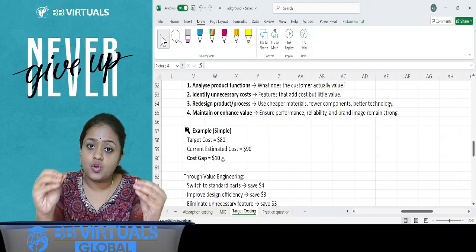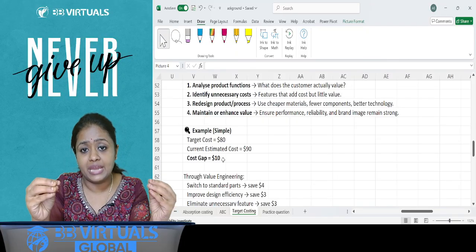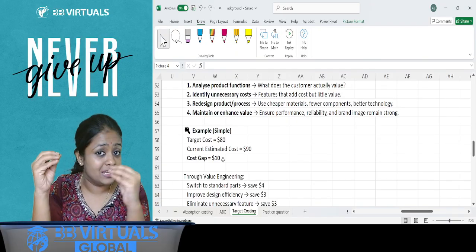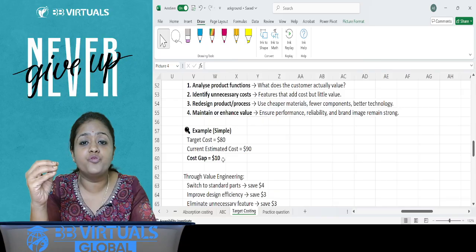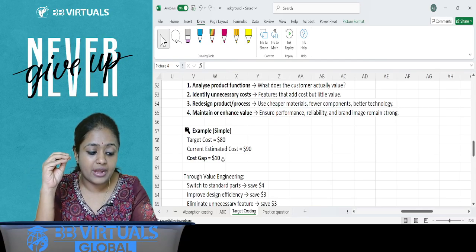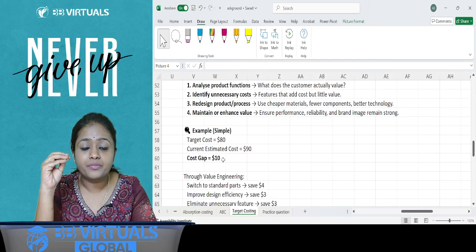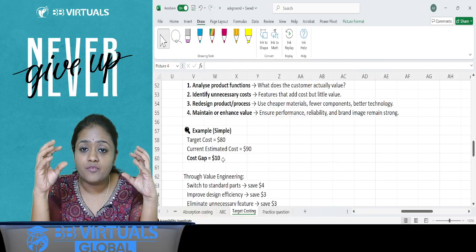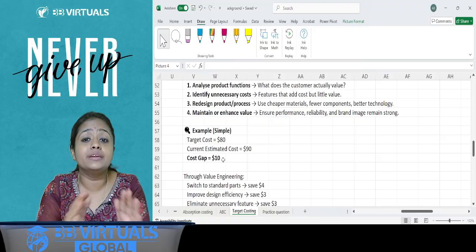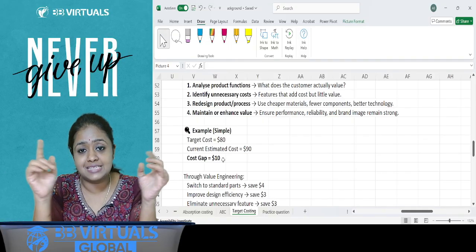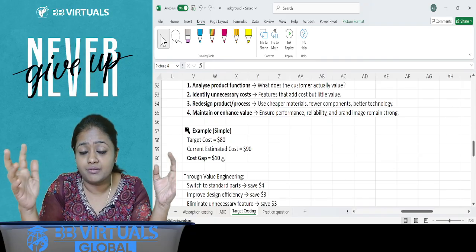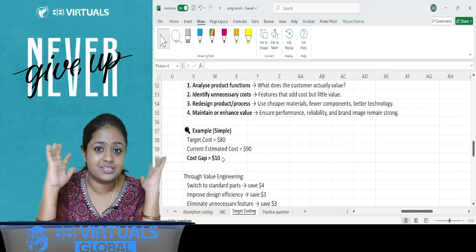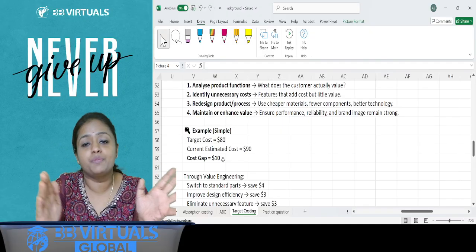This is a core point: whether you do value analysis, value engineering or functional analysis, you will have the same focus area. Quality should never be compromised at the cost of reducing cost.